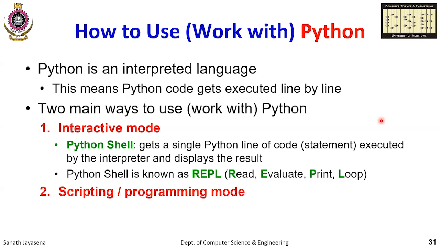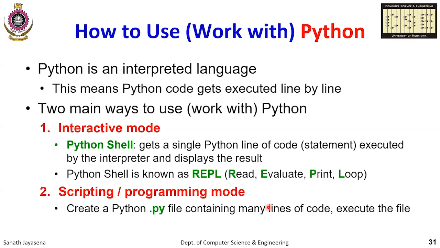The scripting or programming mode is the more common way experienced programmers work. They may also use interactive mode to try out something, but generally speaking, programming mode means you use some editor to create a .py source code file containing many lines of code, and once you are done, you give that as input to the interpreter, which will execute the whole thing, though of course it happens line by line.